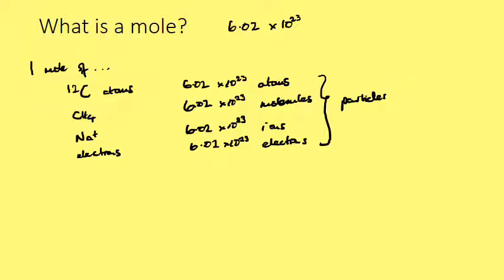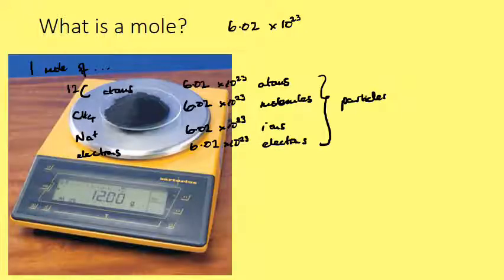And 6.02 times 10 to the 23 is a rather large number, isn't it? And so if, for example, you had that many atoms of carbon, what would it look like? Well, here's a picture of scales, and hopefully you can see that through the writing.